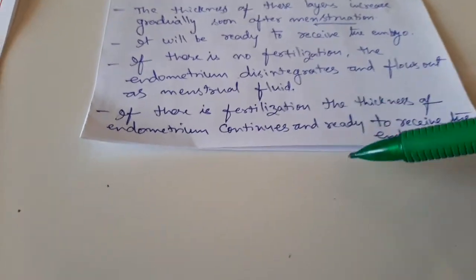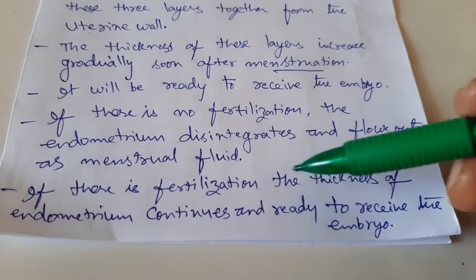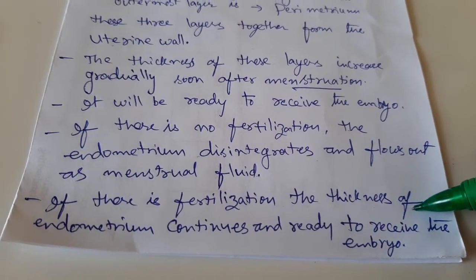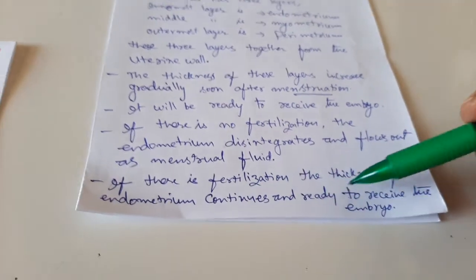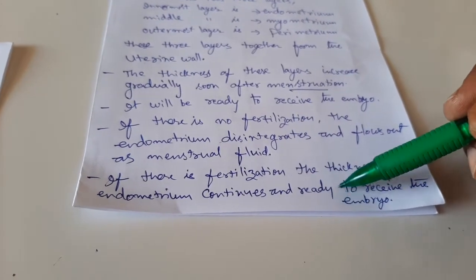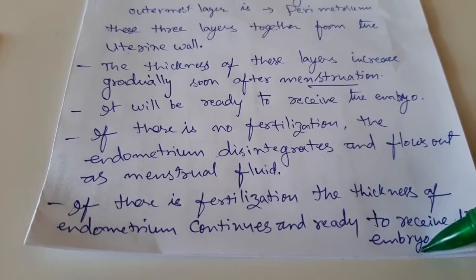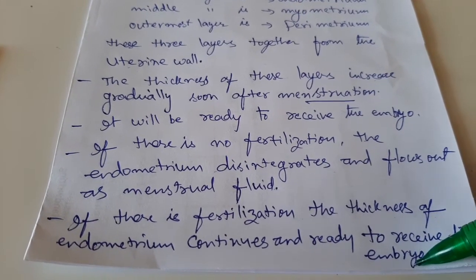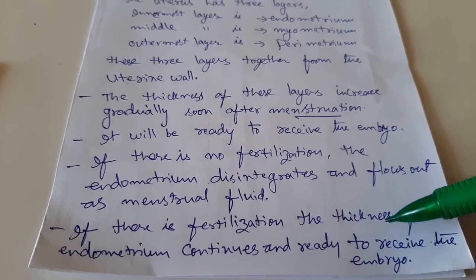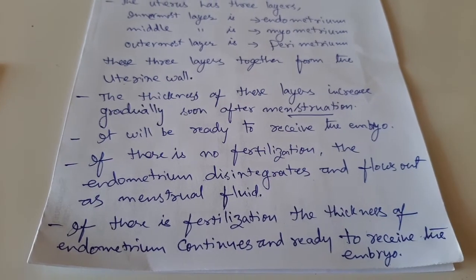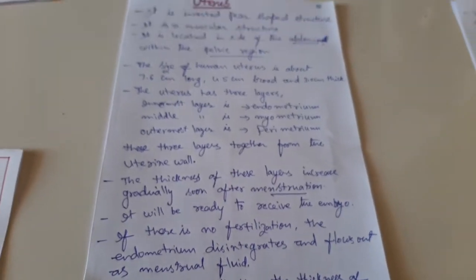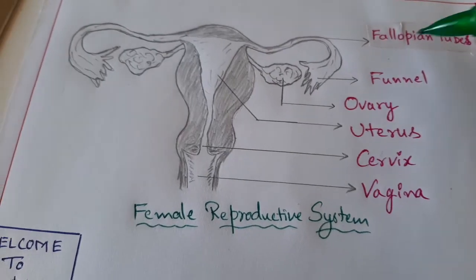If fertilization happens, the thickness of endometrium continues and it is ready to receive the embryo. It supplies nutrients to the embryo. So students, that is about uterus.